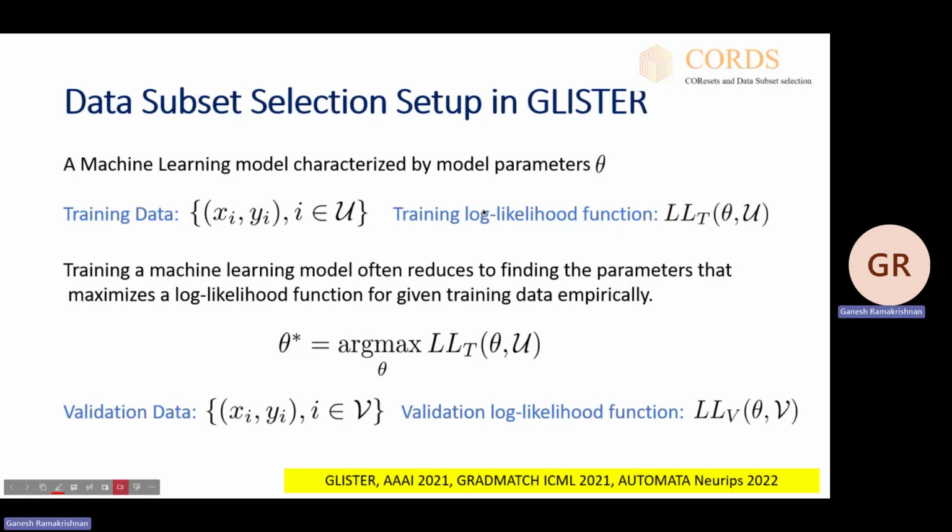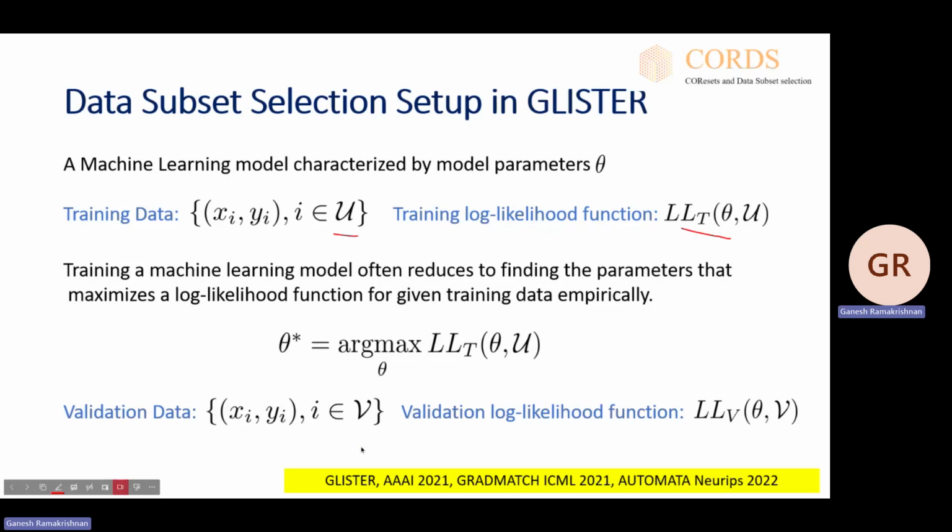So you want to train a machine learning model to find the parameters that maximize the likelihood on the training data. But you are often interested in using these parameters on the validation data. Training data is used to estimate the parameters so that it does well on the validation data.